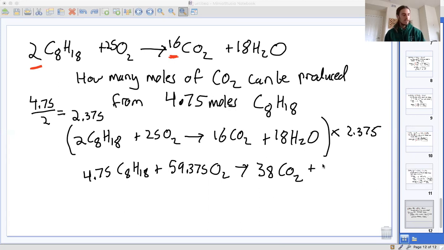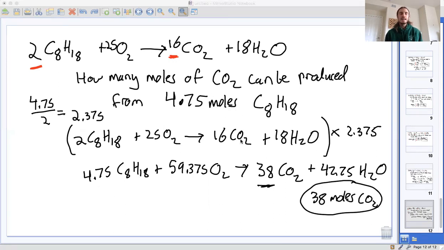And finally, 42.75 waters. So the answer, how many moles of CO2 are made from 4.75 moles of octane? Well, looks like it's 38. Looks like it's 38 moles of CO2, right? All I did was I had a recipe.